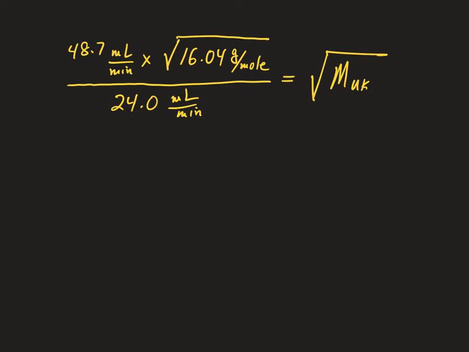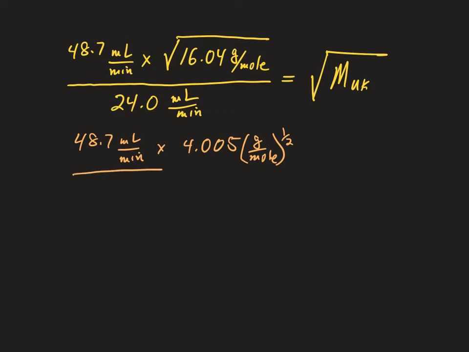And so we can get 48.7 milliliters per minute times 4.005 grams per mole to the 1/2, just the unit is raised to the 1/2, we took the square root of that, divided by 24.0 milliliters per minute, and that equals the square root of the molar mass of the unknown.